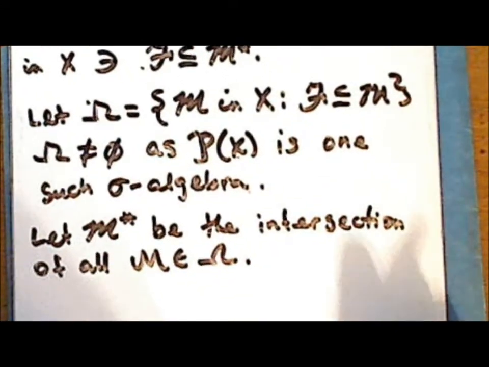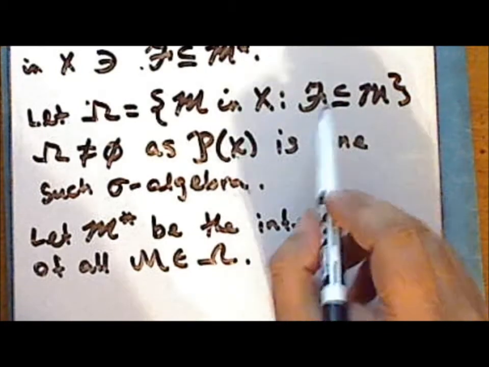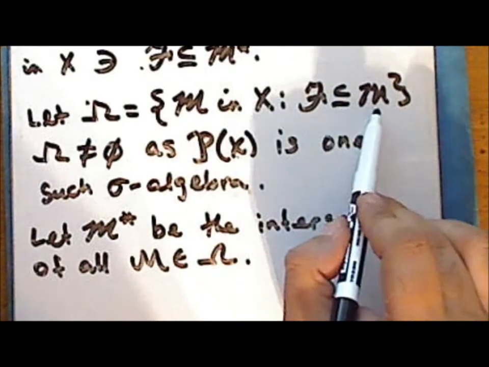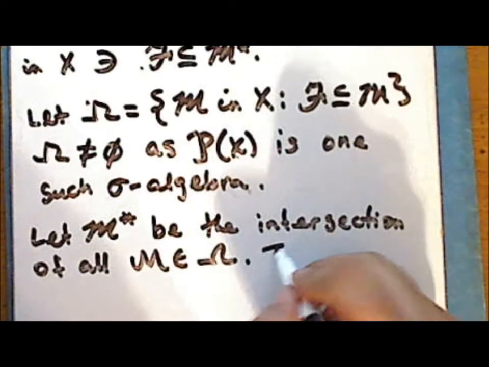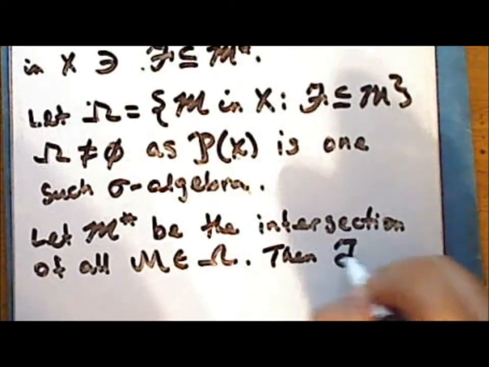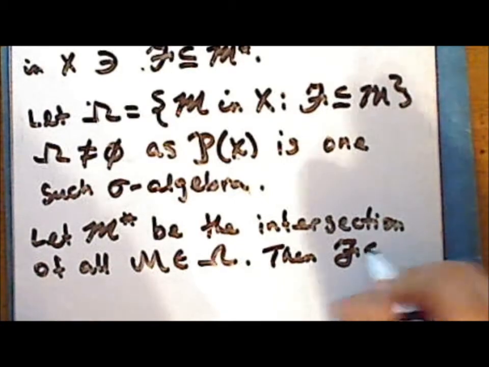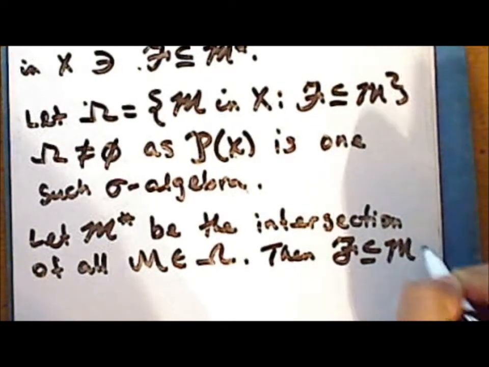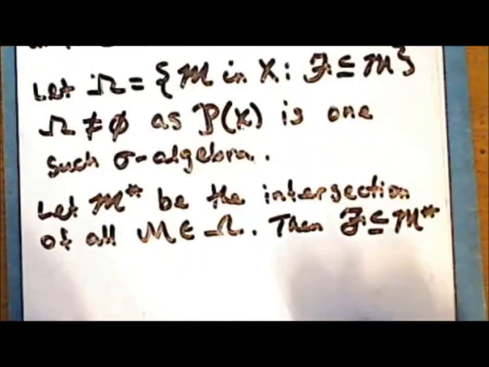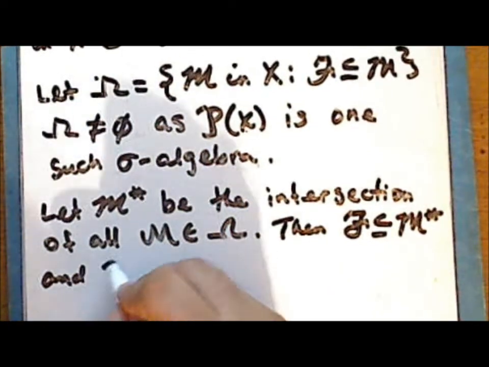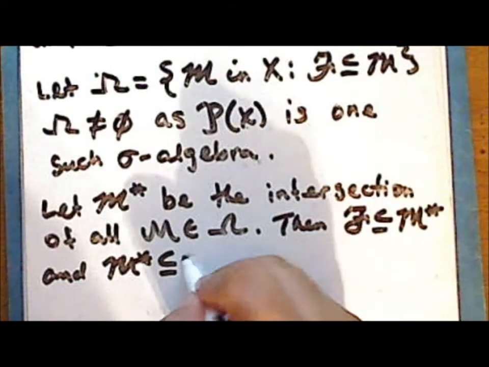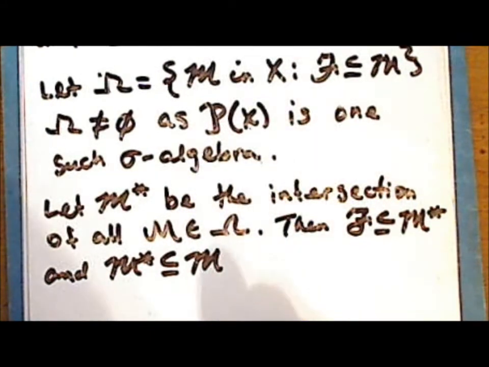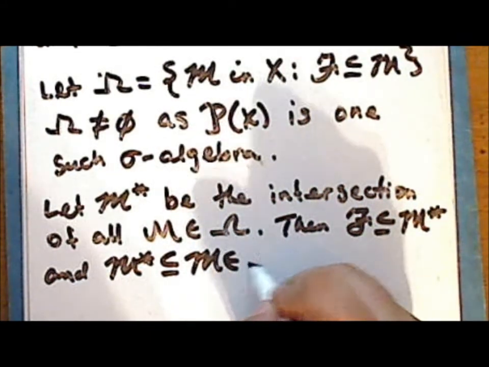Then, as it is the intersection of sigma algebras that contain the family of sets script F, this family of sets script F is a subset of this sigma algebra, and this sigma algebra, as an intersection, is a subset of all the other sigma algebras that are in the set omega.